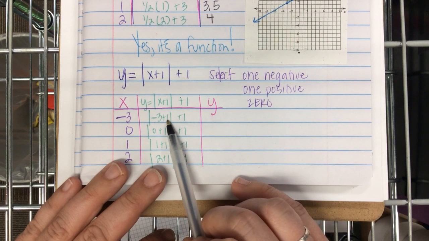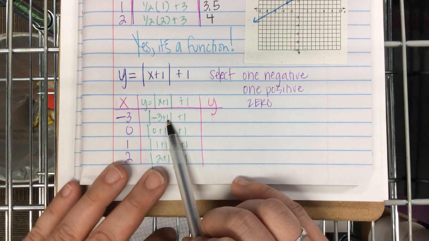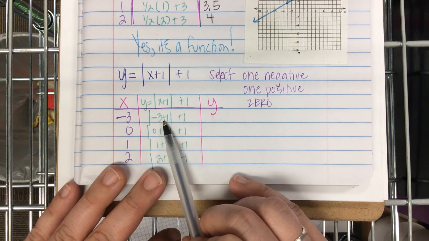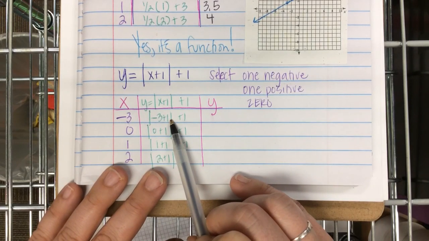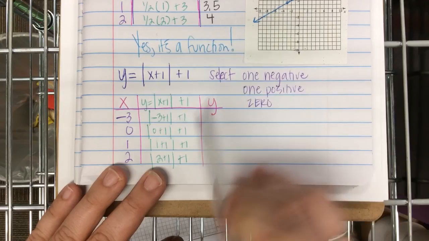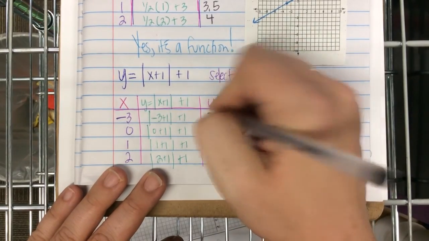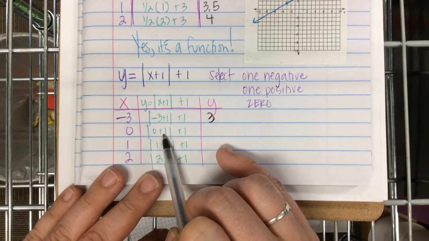What's -3 plus 1? Negative 2. What's the absolute value of negative 2? 2, plus 1 is 3. What's 0 plus 1?